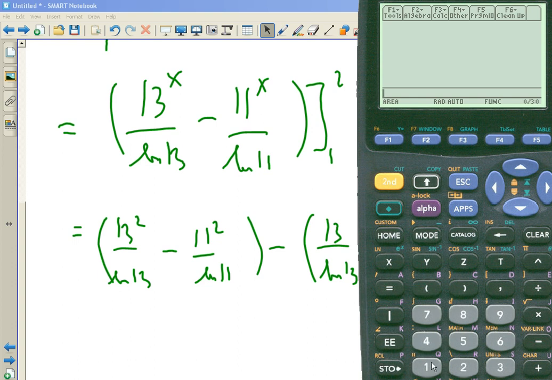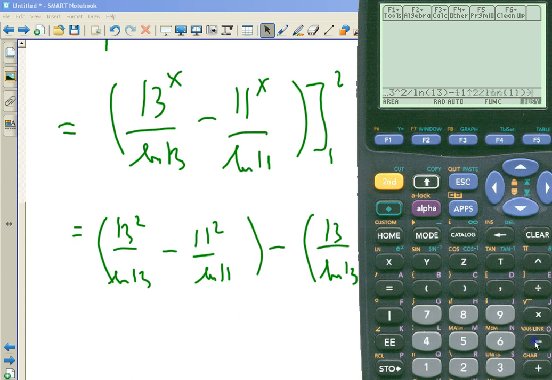All right, so let's plug this in. Quantity, 13 squared divided by the ln of 13 minus 11 squared divided by the ln of 11.